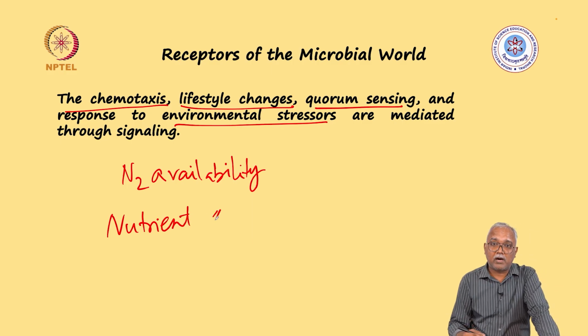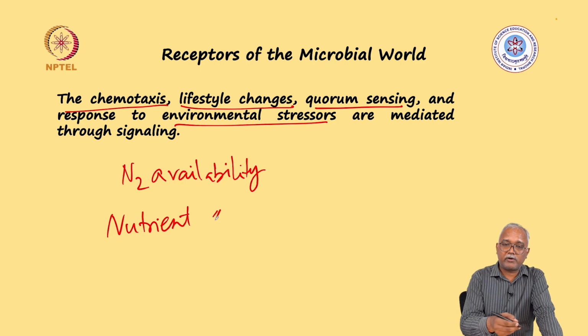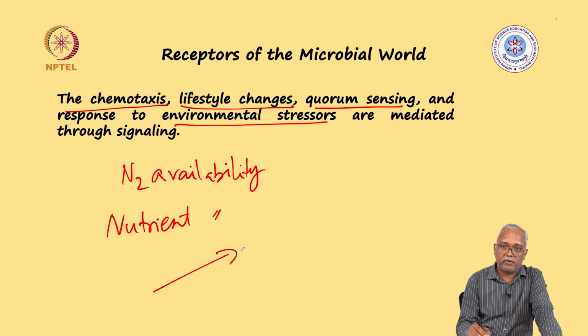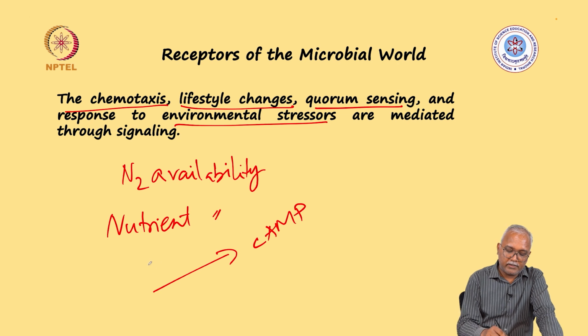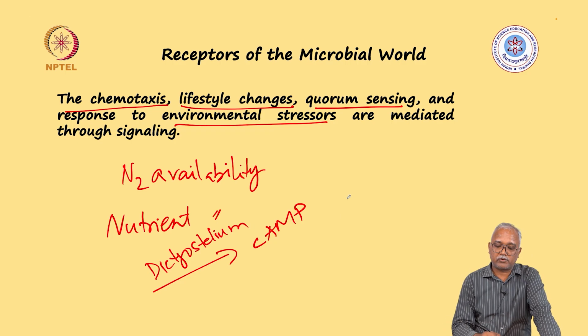Think about an anaerobic bacterium and suddenly you have a lot of oxygen; that's an environmental stress. Temperature and so on. Chemotaxis, we understand that in search of food, sometimes they move. We discussed in earlier classes how cyclic AMP in the case of Dictyostelium was driving them in a given direction as a response to chemotaxis.